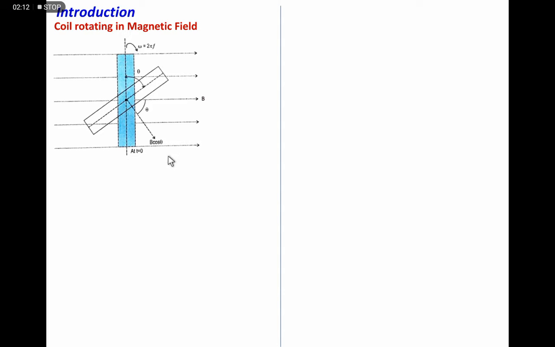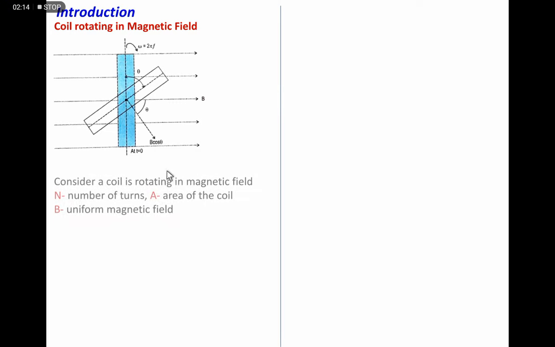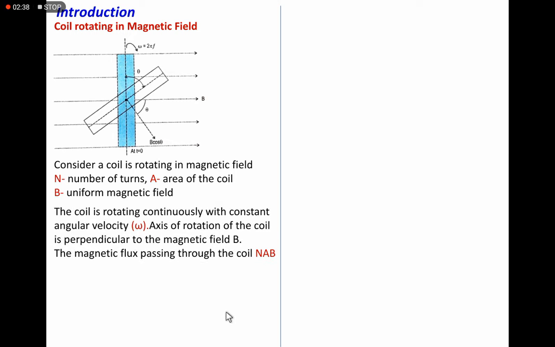So the coil is in magnetic field. N is the number of turns of the coil, A is the area of the coil, and B is the uniform magnetic field. The coil is in rotation, continuously with constant angular velocity.